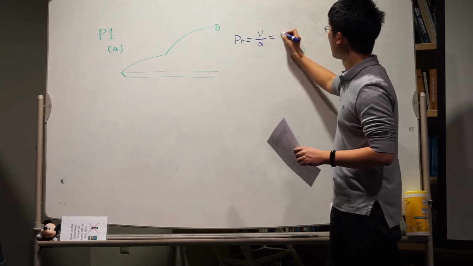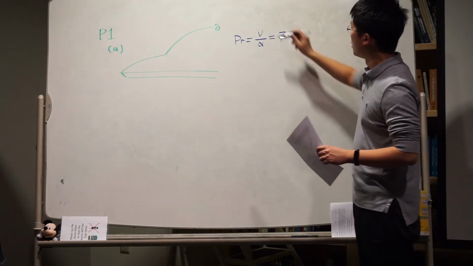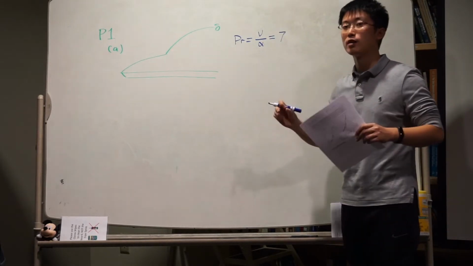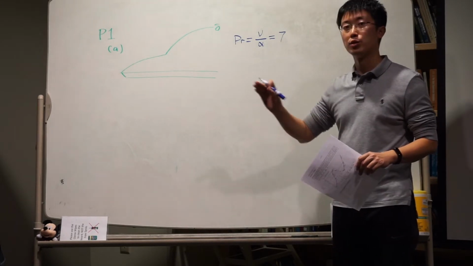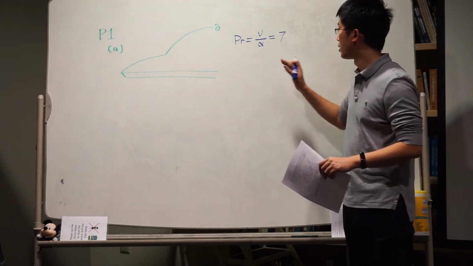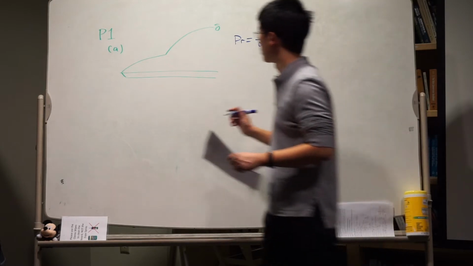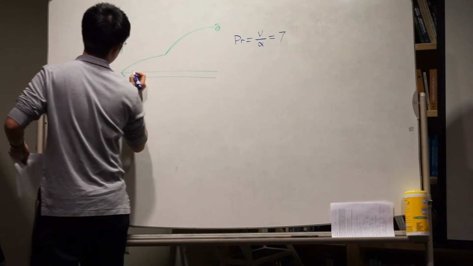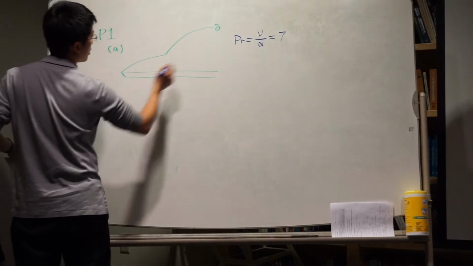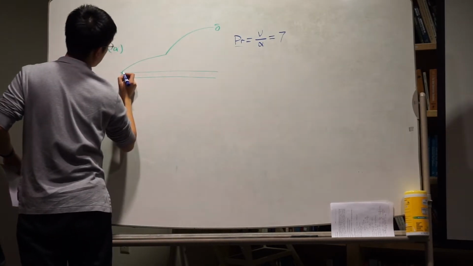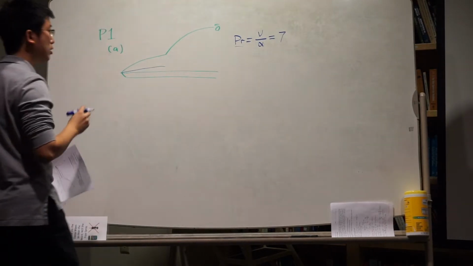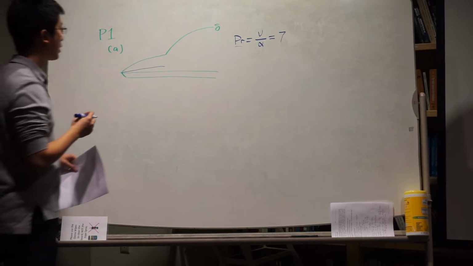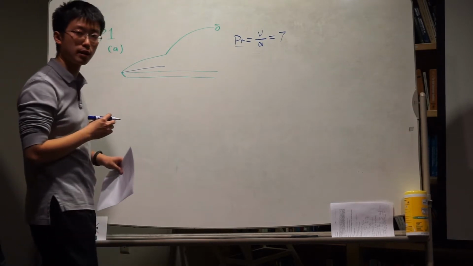This equaling 7 is saying the momentum, the velocity basically, is more likely to diffuse into the free stream than the alpha, than the heat, right? So in the laminar part, which is dominated by this Prandtl number, we know the thermal boundary layer must be thinner than the velocity boundary layer.